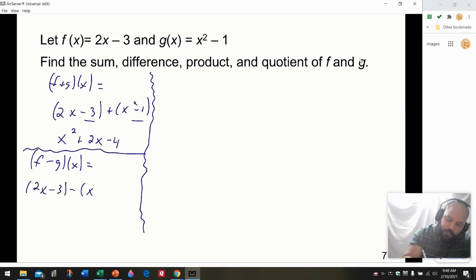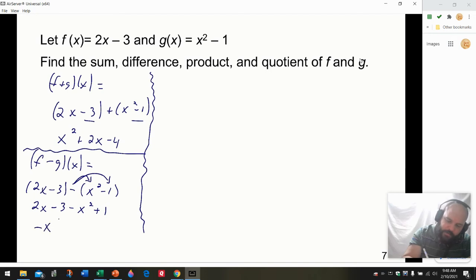And this is why it's important that you see that I'm using parentheses when I first initially set this problem up, because this minus is going to have to distribute to both of the terms that are in g of x. So f of x minus g of x becomes 2x minus 3 minus x squared plus 1. From there, we're going to rearrange to put it in standard form and then combine our like terms.